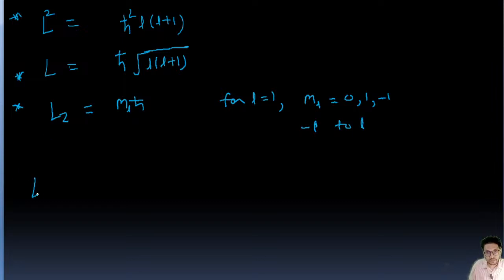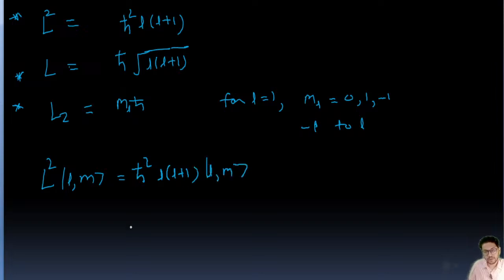So now we can write like this. If you operate L square on the state L m, this is going to be h cut square L into L plus 1 times L m, important thing.